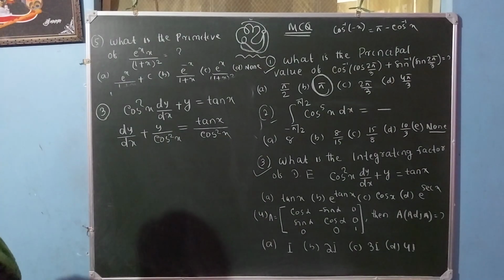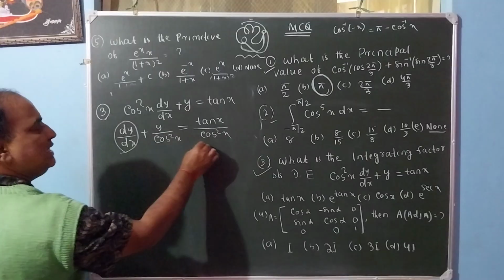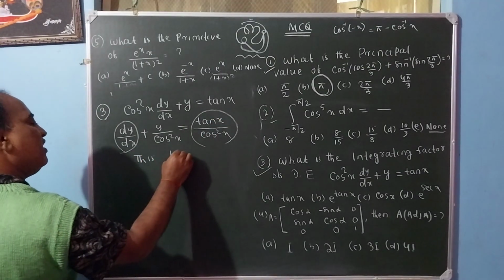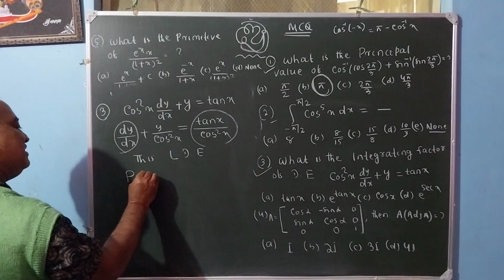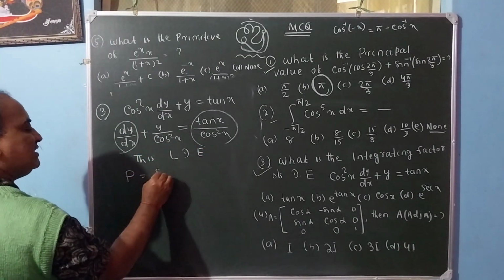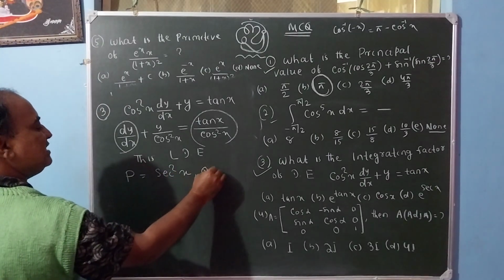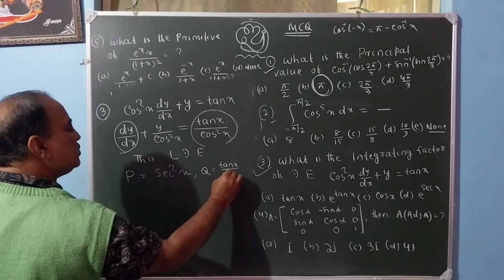So this is an LD, a linear differential equation, dy by dx plus Px into y is equal to Qx. P is 1 by cos square x, that is sec square x, and Q is tan x by cos square x.